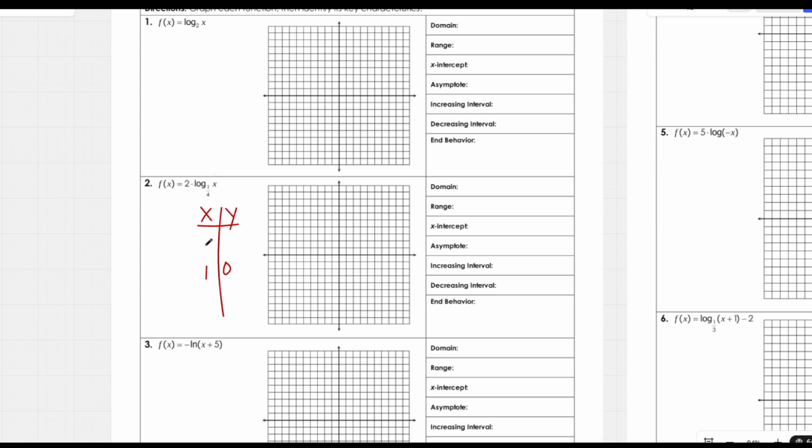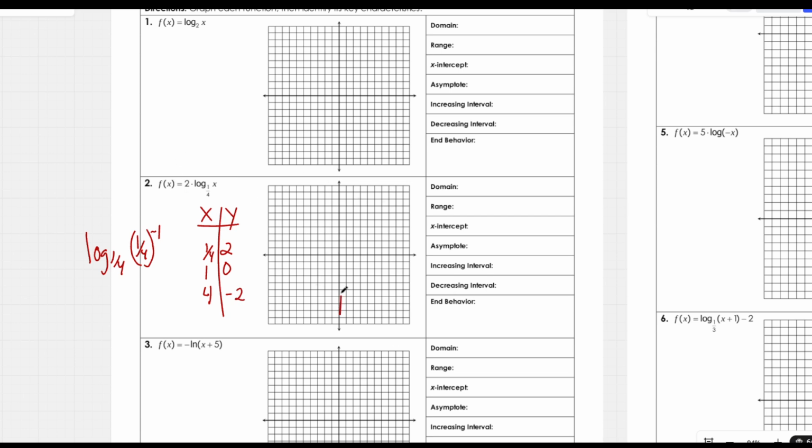If you do 1/4, that's a good one because log base 1/4 of 1/4 is 1, so you get 2. And then if I plug in 4, you probably have to use your calculator for that, but since 4 is 1/4 to the -1, that means this will be -1, so we'll get -2.